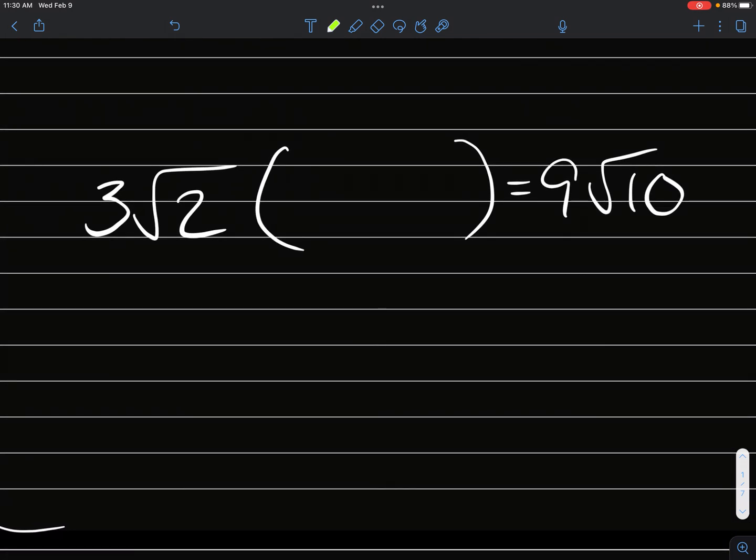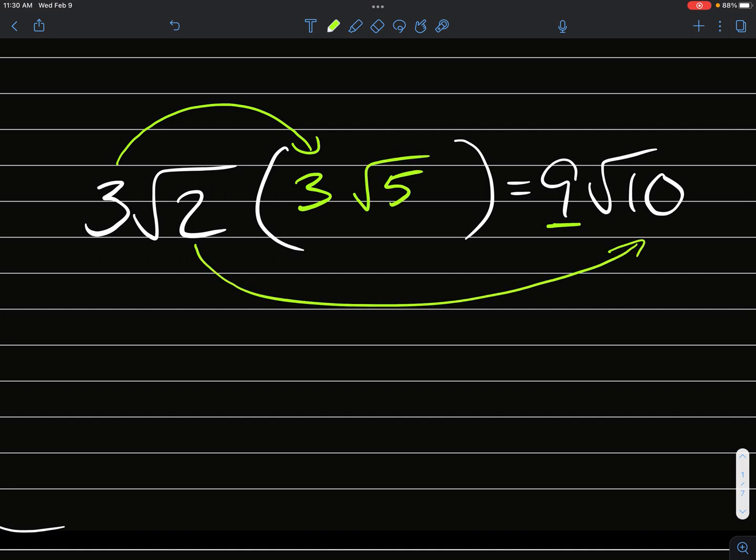Mentally, I'm hoping we can figure out 3 times what gives me 9. 3. And 2 times what gives me 10. Radical 5. That's your answer. But what if you couldn't do it that way? You could use division. So I would take this divided by this.